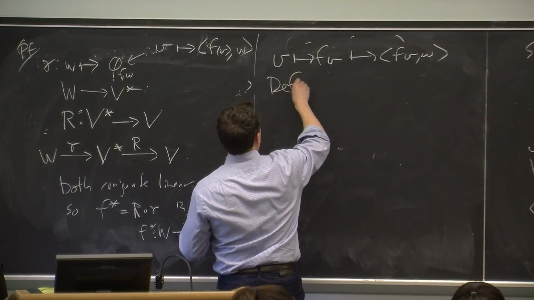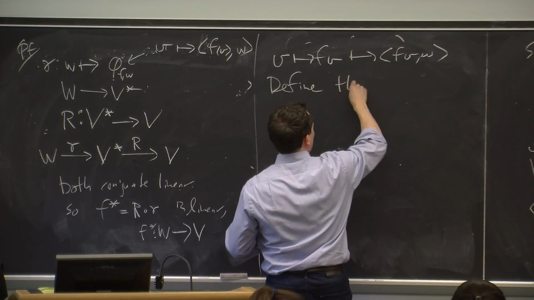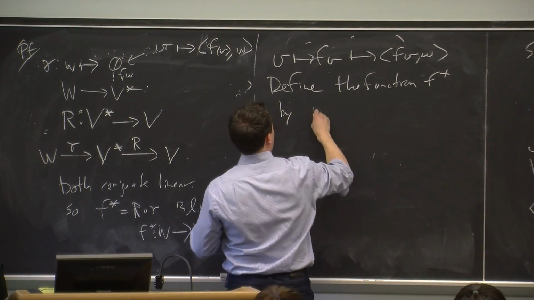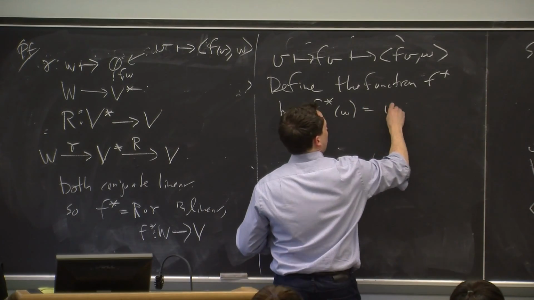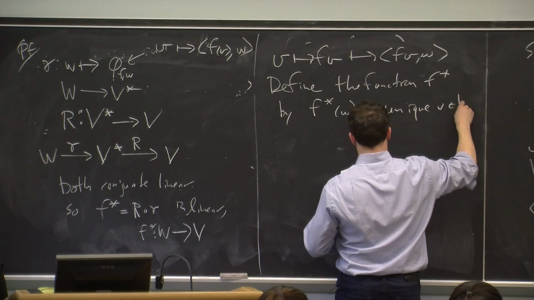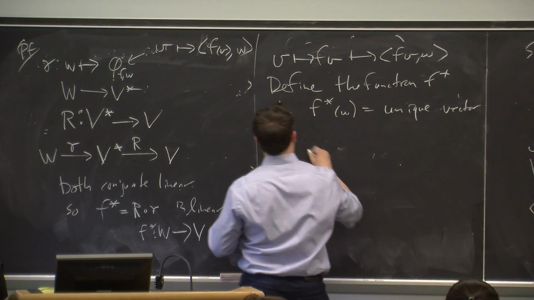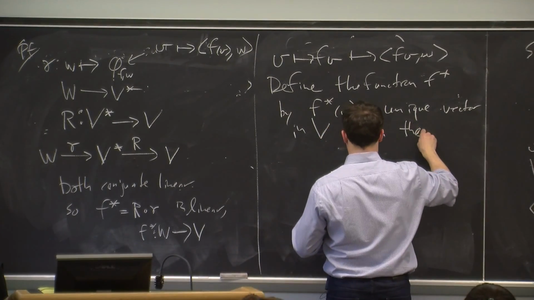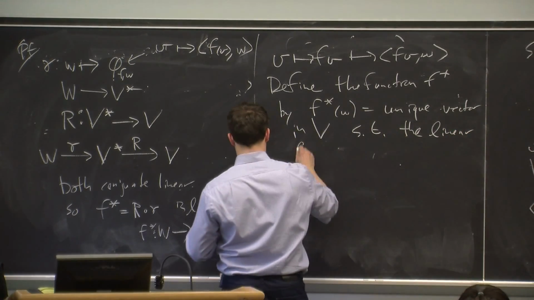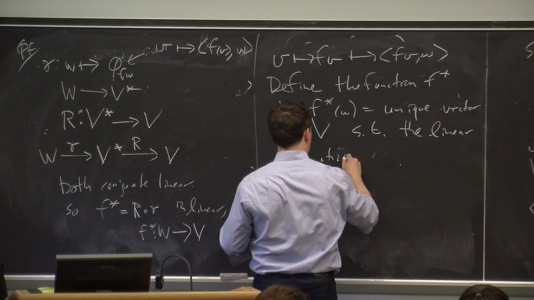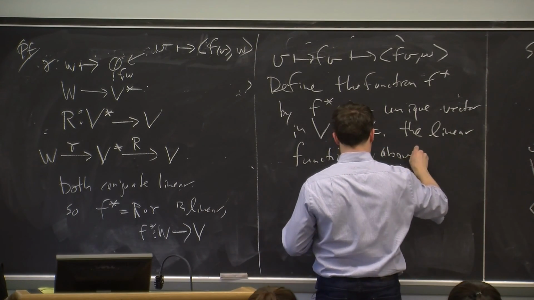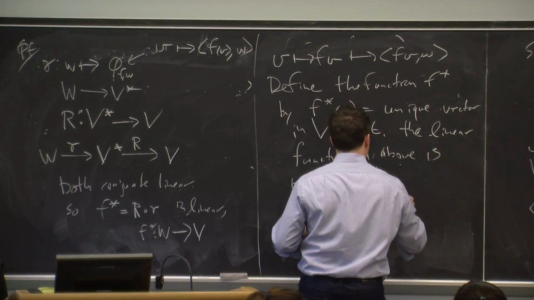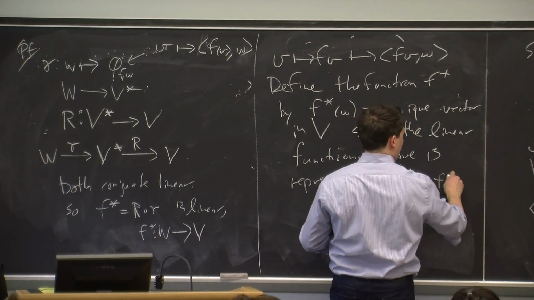And then we just define, not as a linear map, but as a function, F star by: F star of w is the unique vector in V such that the linear functional above is represented by inner product with F star of w.